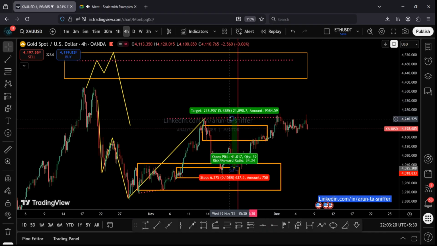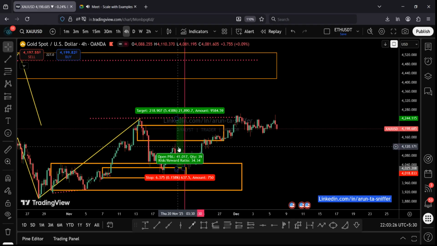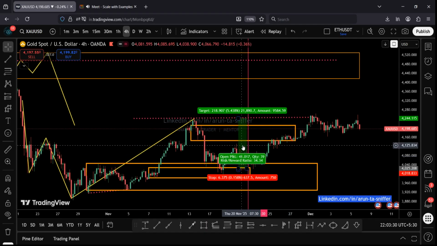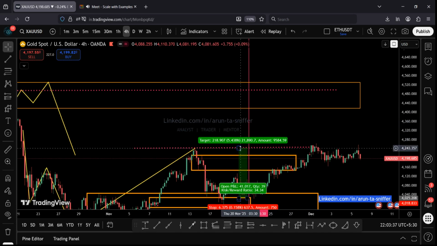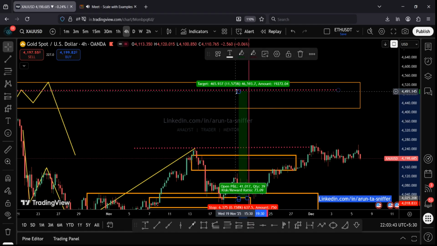So we have already covered our stop at 1:18, and now we can take second profit at 1:40, and our final target will be this QM level at 1:73.